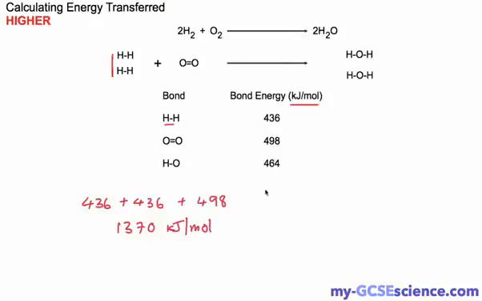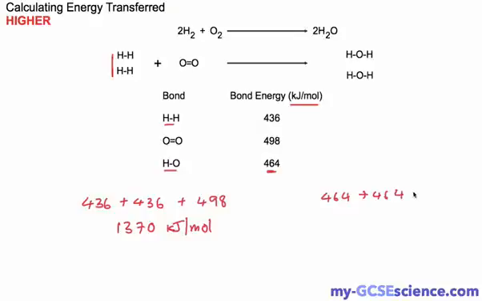What about the energy released from making bonds on the other side? Well, we have H2O times 2, and the HO bond is given here, and there's two of those. I know it's the other way around, OH, but it is the bond between the O and the H. So the way we do that is we have on this side 464 taken from here. We have two of those bonds, so plus 464.